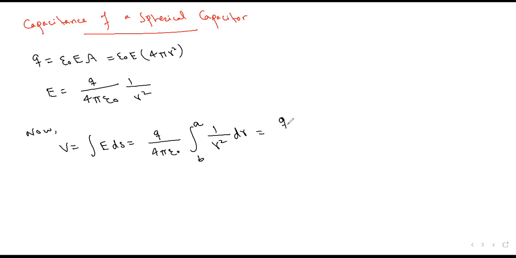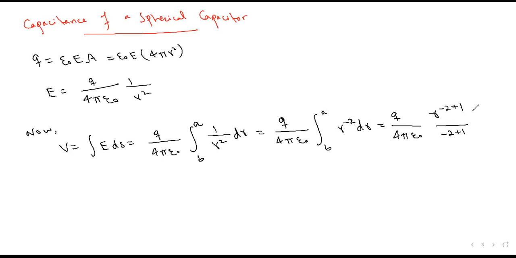Okay, so Q over 4 pi epsilon naught. Sorry, this is minus 2. So minus 2 plus 1, this is how we integrate. Oh, I forgot to put a negative sign here.